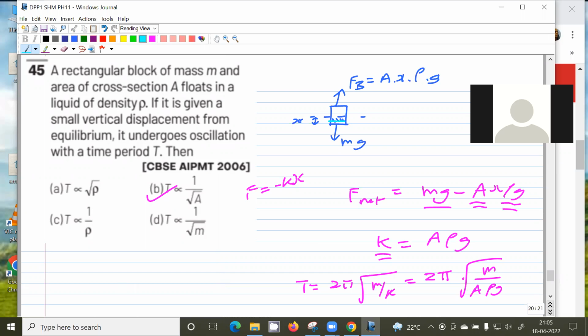The submerged volume is dependent on this height, and this is a variable height because it will oscillate. Now let's just call this height x. So you get the force in terms of x, and if x is changed by pushing it down, there is a force which is proportional to minus x. That is the condition for SHM. If a force is of this type, then it's SHM.